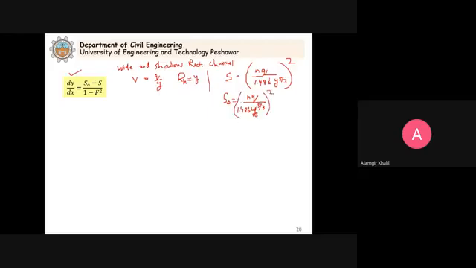Now you compare these two equations, S and S naught that we just wrote down. When we compare them, what we get is S divided by S naught equal to Y naught divided by Y, and this will be to the power 10 by 3.